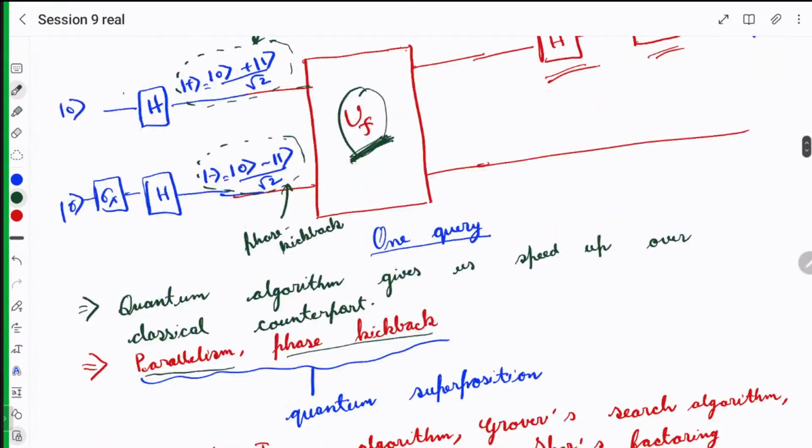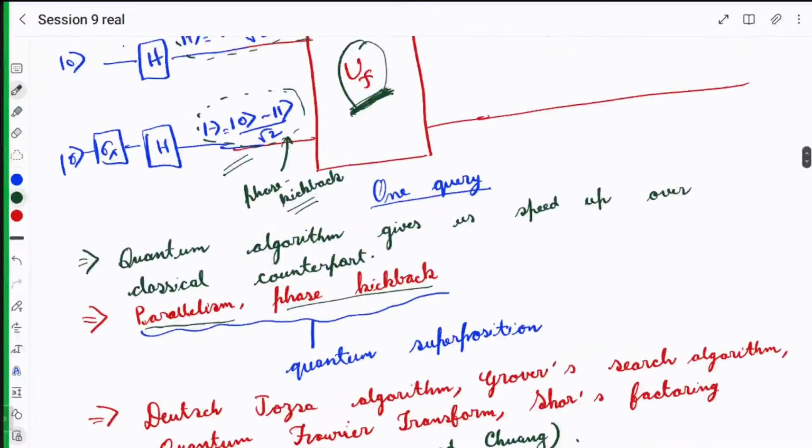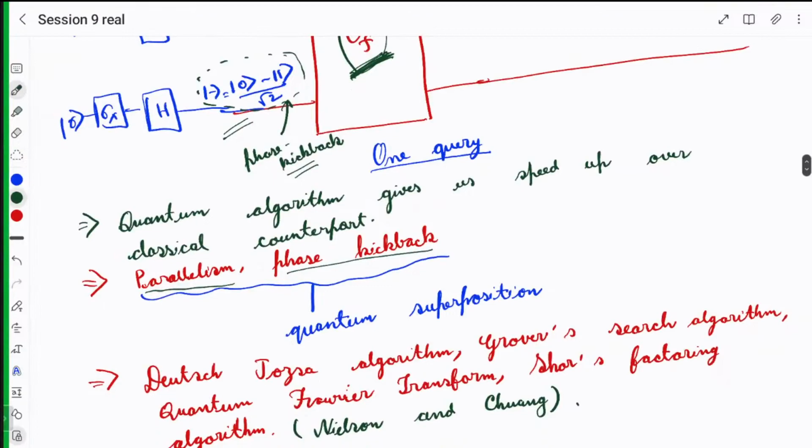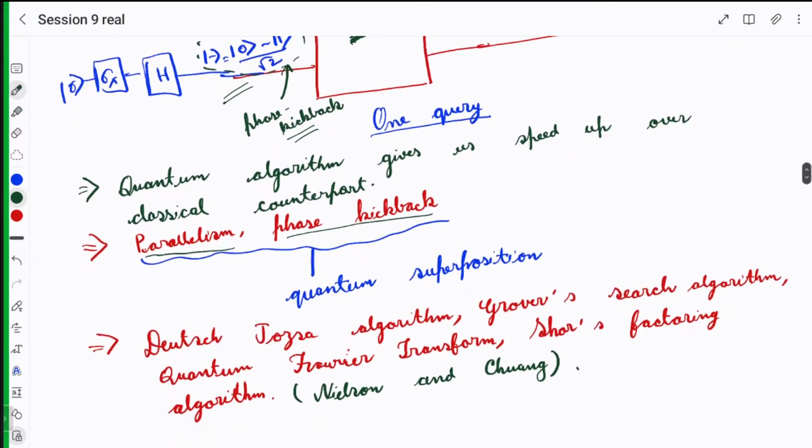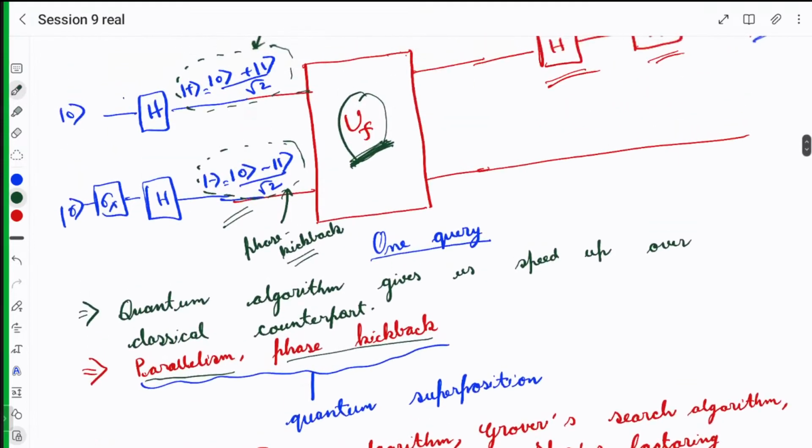And the ket minus, which we input to the second qubit, helped us convey the information of f0 or f1 in terms of a phase. That helped us finally conclude if the unknown function was balanced or constant, just using one query. Okay.